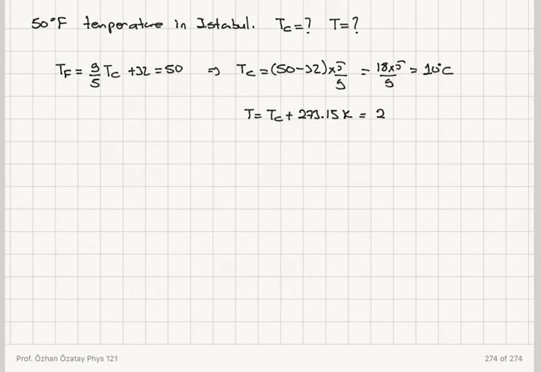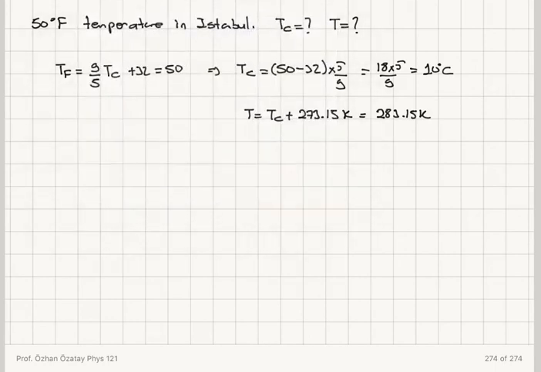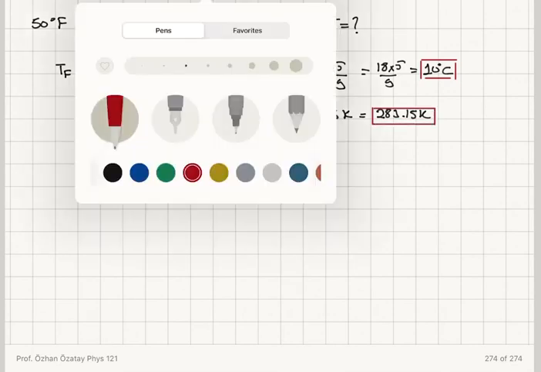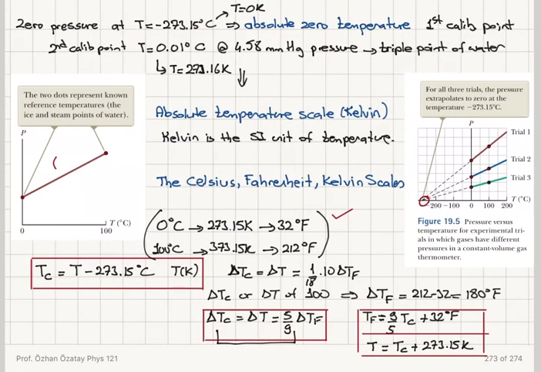T is equal to Tc plus 273.15 Kelvin. So this will be 283.15 Kelvin. So tomorrow in Istanbul the temperature is 50 degrees Fahrenheit. It means the temperature will be 10 degrees Celsius or 283.15 Kelvin. So it's very easy to convert between different temperature scales using this relationship.